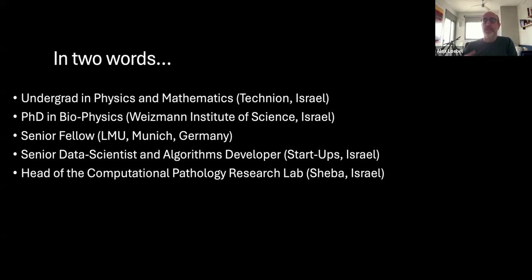But it definitely prepared me for what I'm doing now. After my time in Munich, I returned to Israel, and I was a data scientist and an algorithm developer at several startups here in Israel. And for more than 2 years now, I'm leading the computational pathology lab at Sheba.